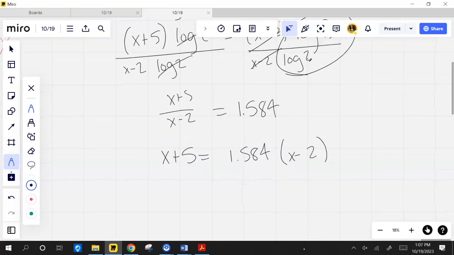You won't have a lot of these, but you'll have a few. 1.584x minus 3.1699. Okay. It's just a rounding issue.